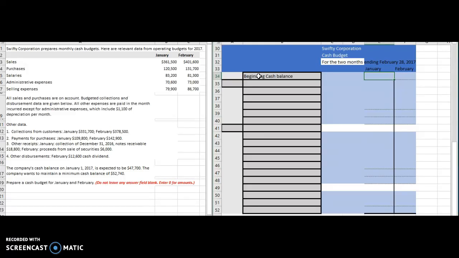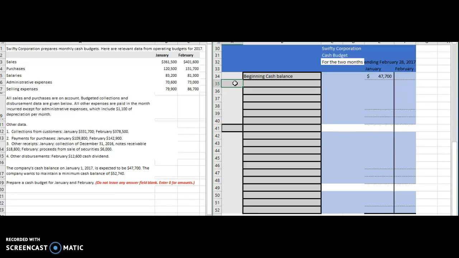For January, they told us it is expected to be $47,700. And we don't know February's yet because we have to figure that out ourselves.